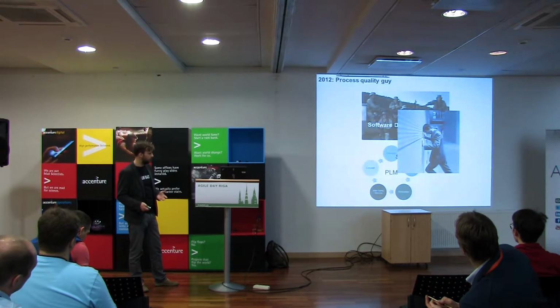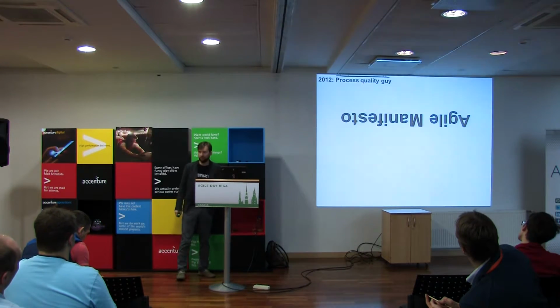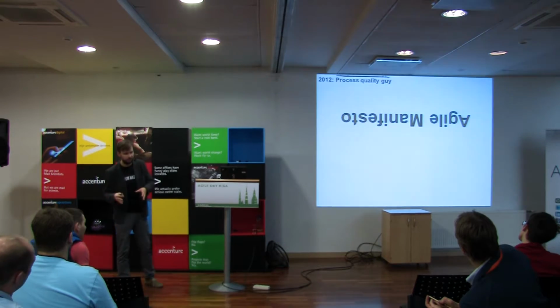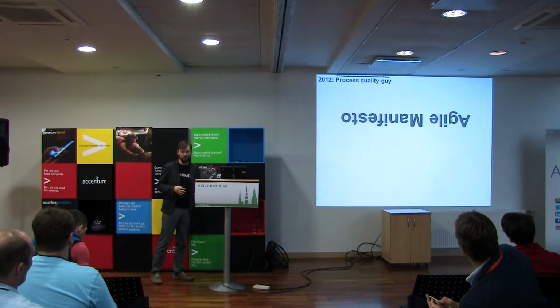And summarizing my being a quality guy, I would say that I was actually doing the opposite of the Agile Manifesto. I was focusing more on the processes, not the people. At that point I didn't get that, now I understand that.